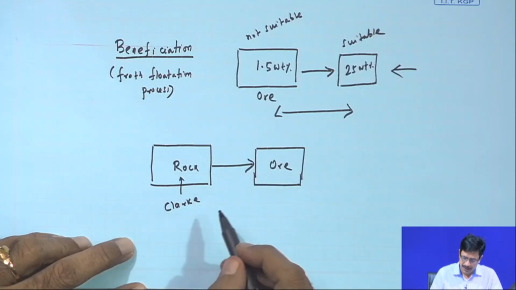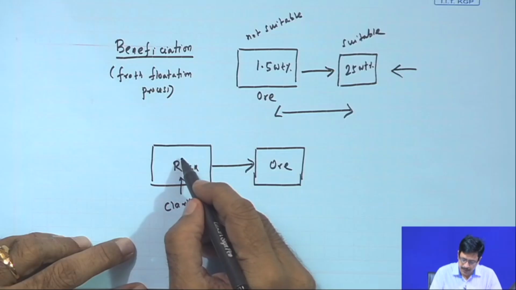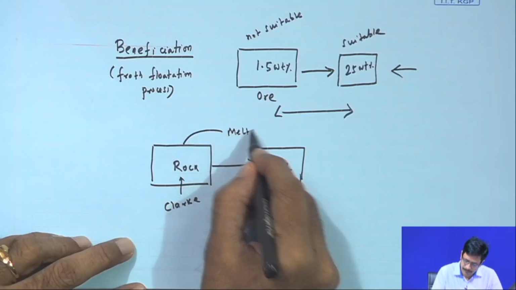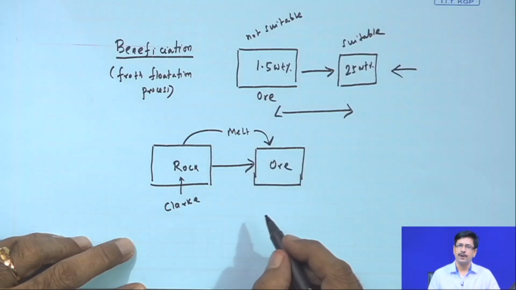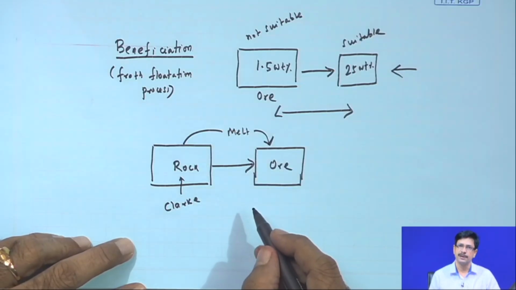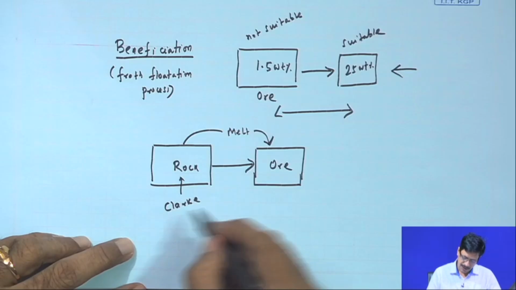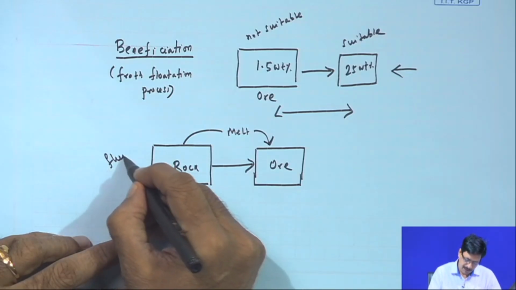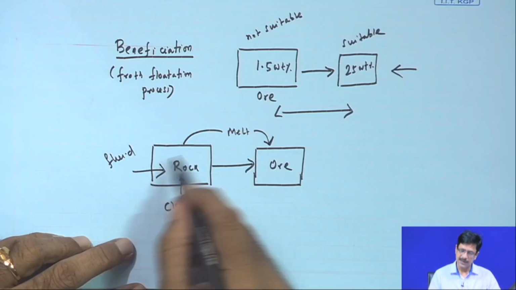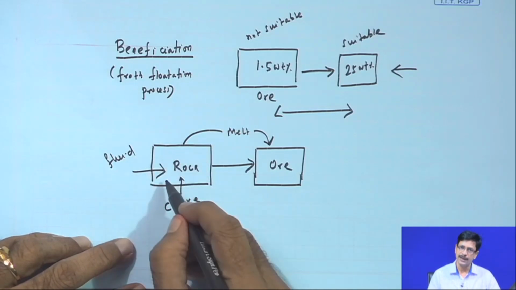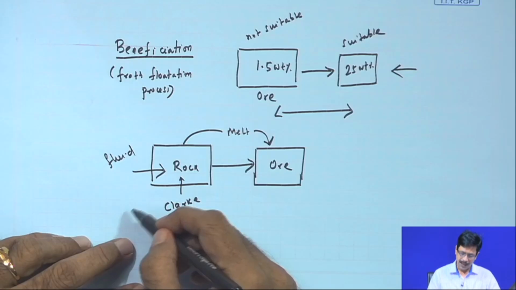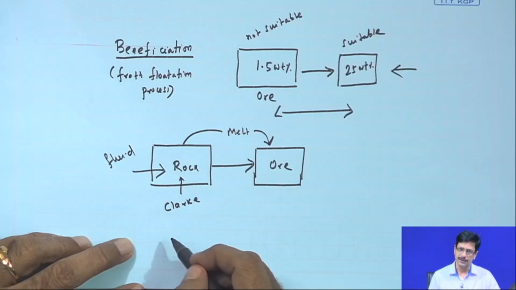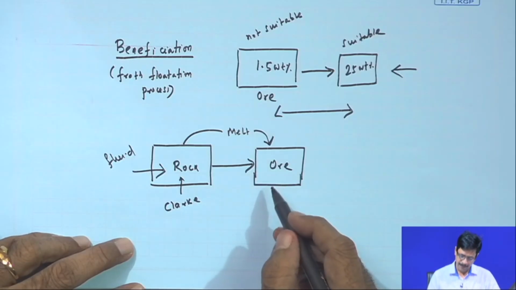Here, I could melt this rock and get the product where the concentration of a particular metal could be more. I could make this rock acted upon by a fluid, from which the valuable metal content could be dissolved out and deposited in a form where it could be enriched and will satisfy the criteria to be called an ore.